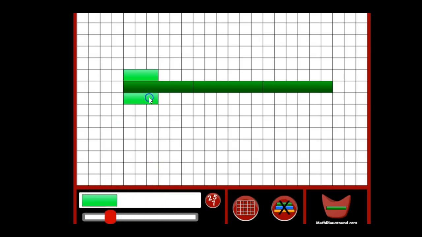How many green blocks make up 3? There's 4, 5, 6. There's 6 bright green blocks here that make up 3. So how much is one of those worth? It's going to be 1 out of 6 of those. So we say that 1/2 divided by 3 is equal to 1/6.